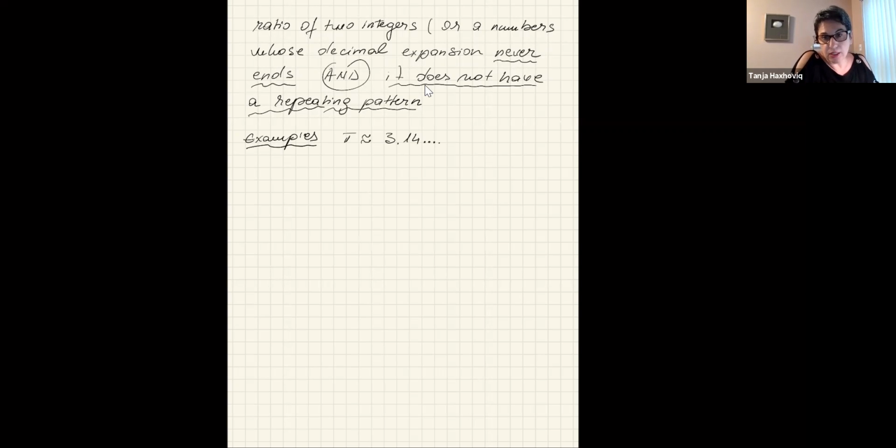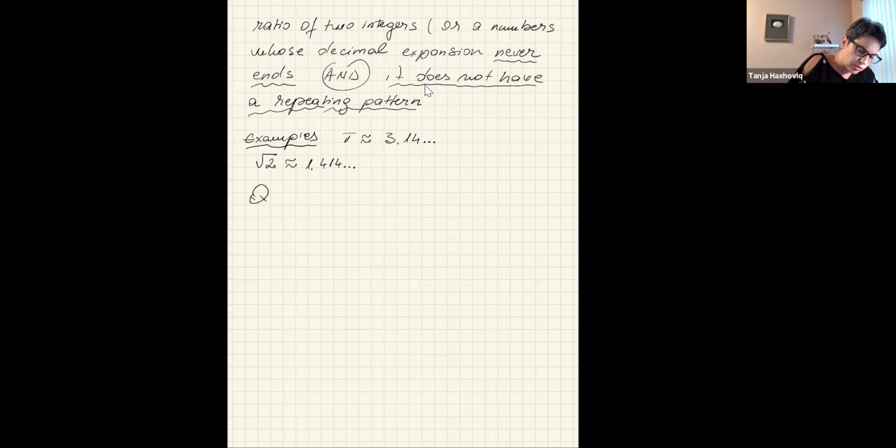It's a known fact that it has a decimal expansion that never ends, and it does not have a repeating pattern. Square root of 2 is another example. It's about 1.414 and so on. But again, the decimal expansion does not have a repeating pattern, it never ends. Those three dots always indicate that the numbers continue.